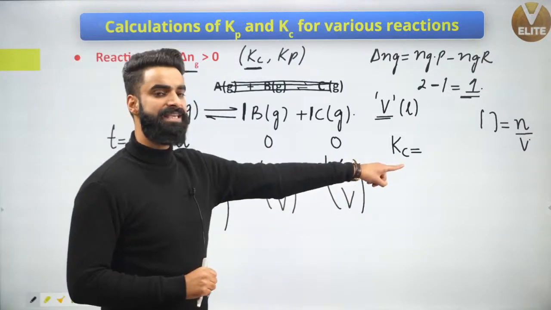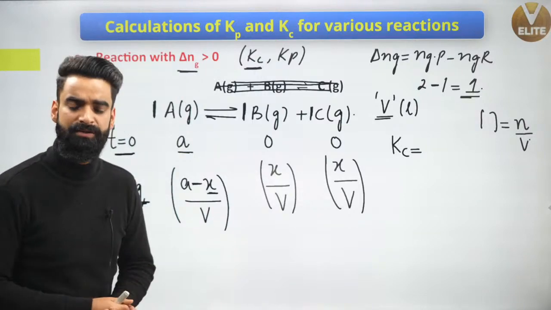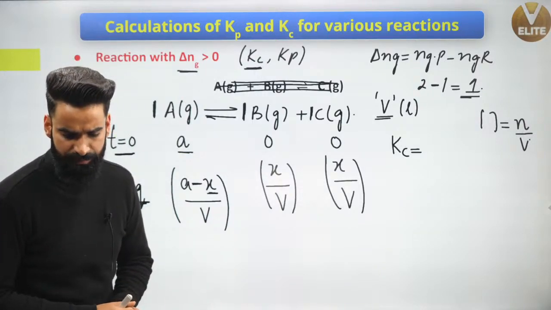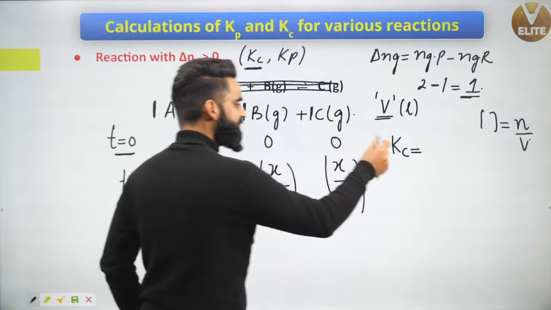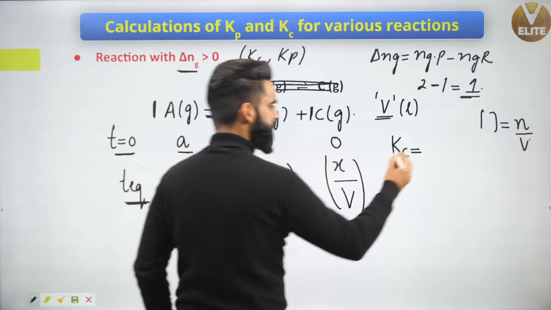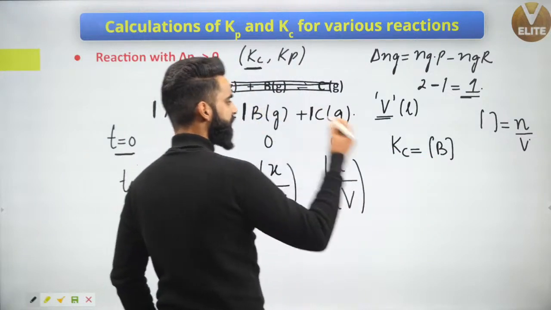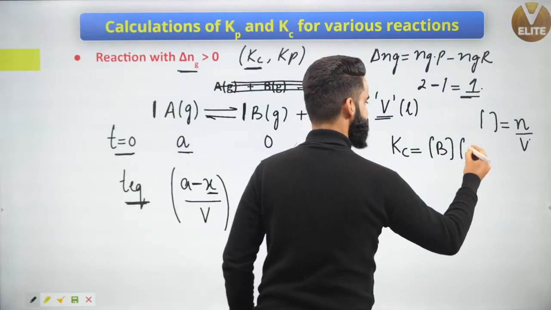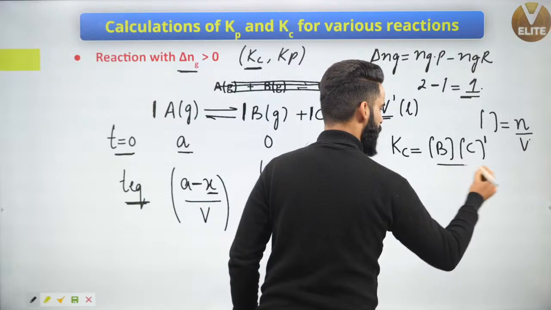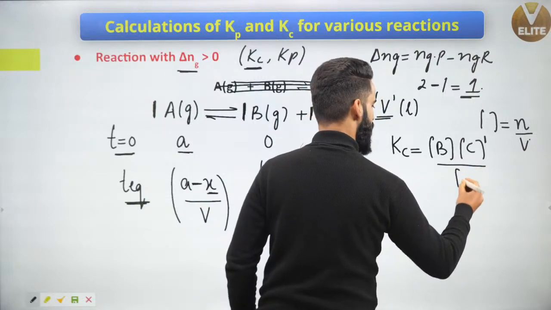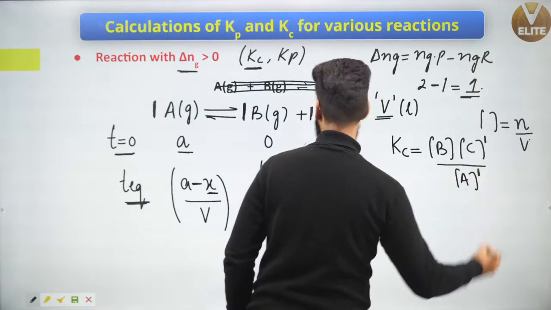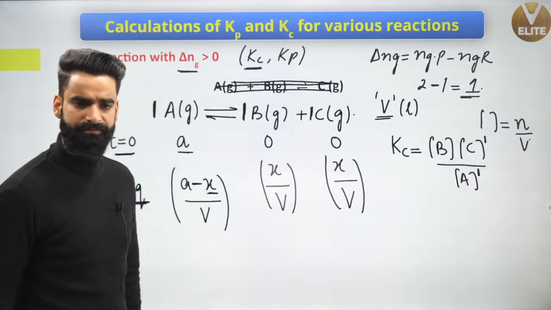Over here, I'm writing Kc, so I have to use the term concentration. Now people, can I write Kc is going to be equal to concentration of B to the power stoichiometry coefficient, that is 1, multiplied by concentration of C to the power stoichiometry coefficient 1, divided by concentration of A to the power 1. Very, very simple.